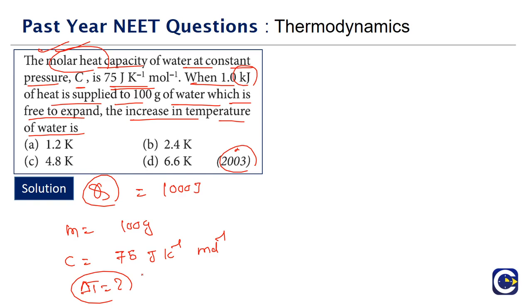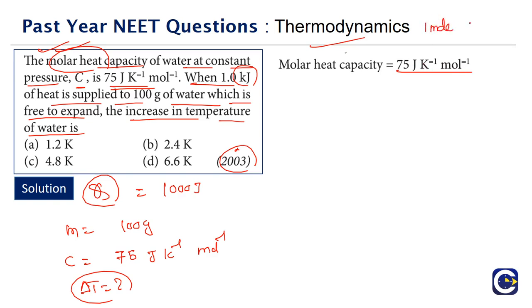So we have this formula, right? What is the formula? Heat taken by a substance is equal to mass of the substance into specific heat capacity of the substance into delta T. But here the specific heat capacity should be in terms of mass. They have given us the molar specific heat capacity as 75 joule per Kelvin per mole.